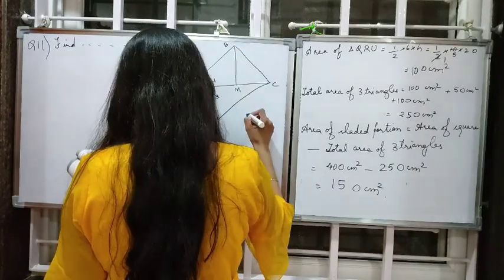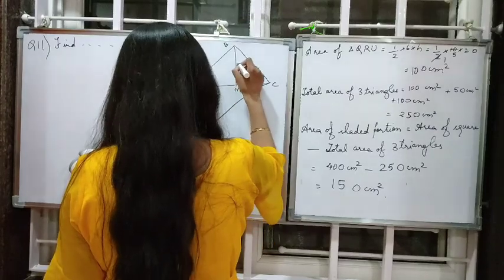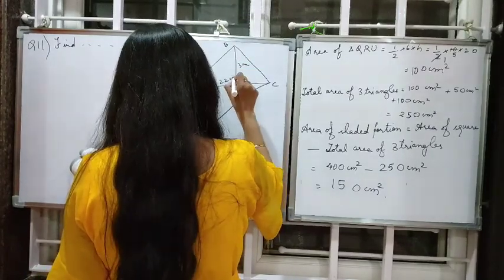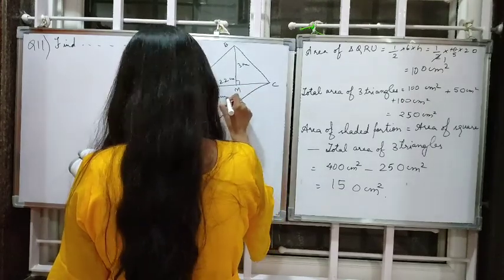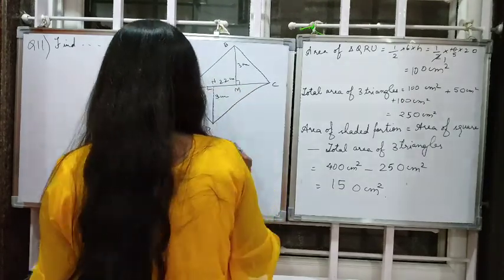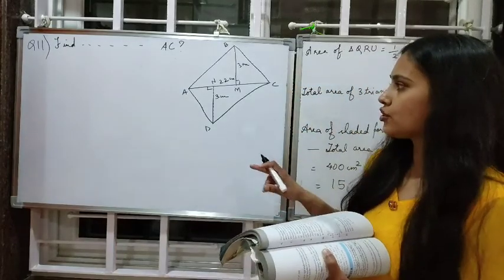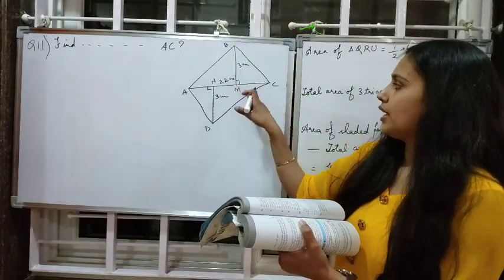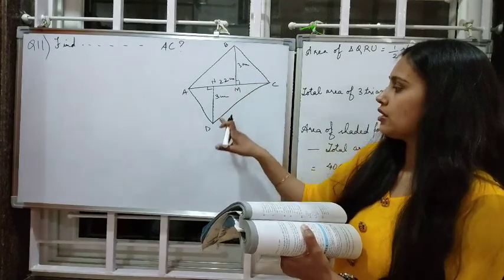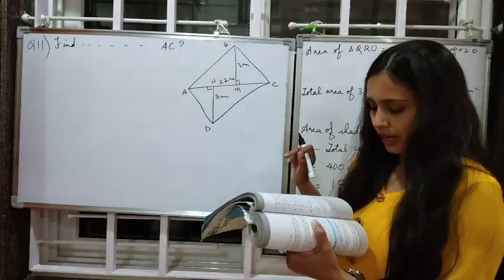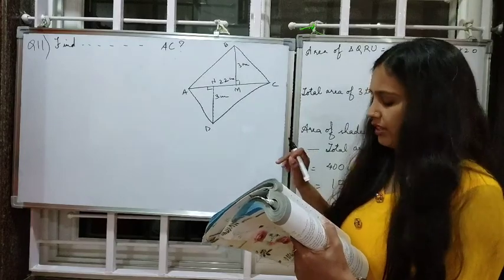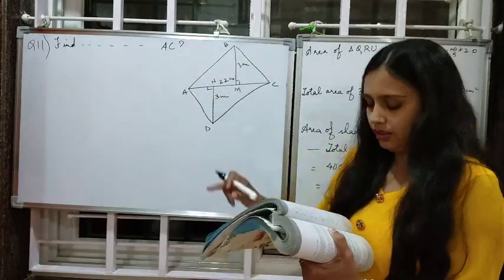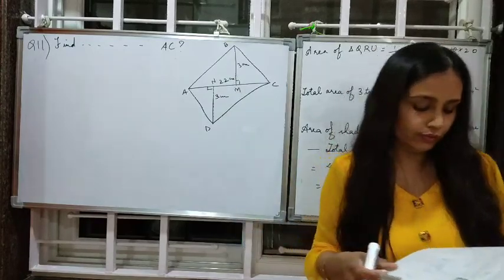As you can see, ABCD is a quadrilateral where AC is equal to 22 centimeter, BM is equal to 3 centimeter and DN is equal to 3 centimeter and BM is perpendicular to AC. Similarly, DN is perpendicular to AC.